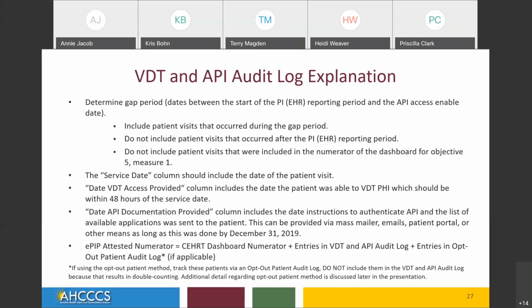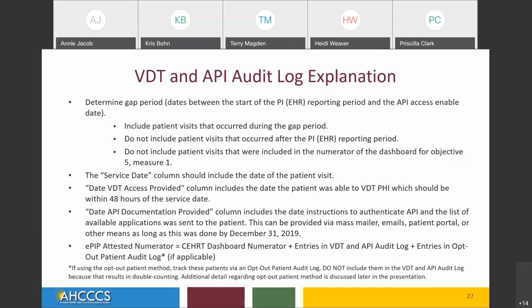The service date column should include the date of the patient visit. The date VDT access provided column includes the date the patient was able to view, download, or transmit PHI, which should be within 48 hours of the service date.